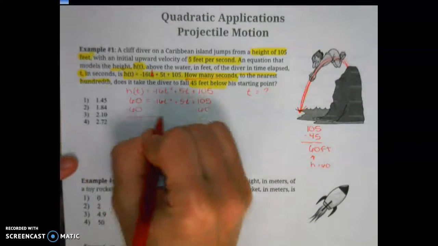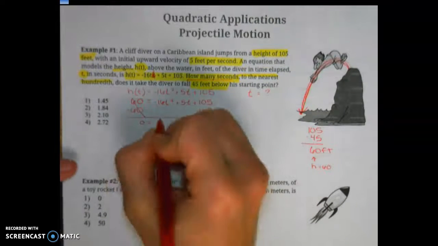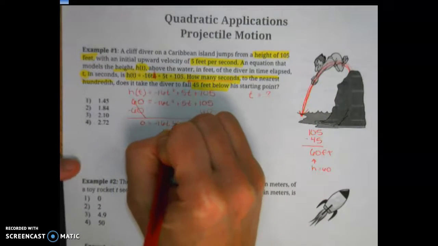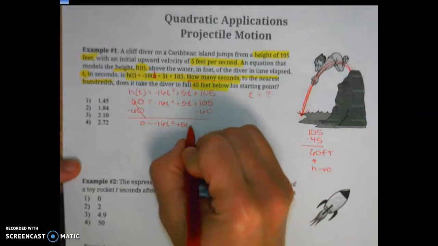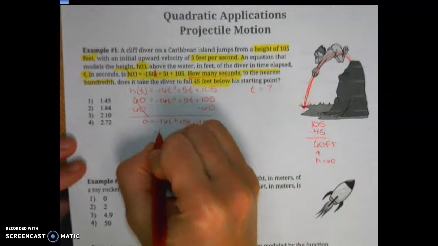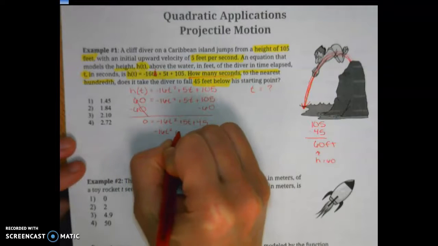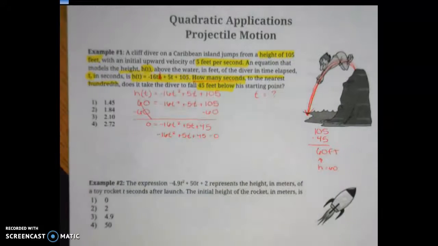So I'm going to subtract 60 from both sides, and that way this is equal to 0, and I have negative 16t squared plus 5t plus 45. Okay, so again, you're used to seeing it the other way, where it's negative 16t squared plus 5t plus 45 equals 0. So I'm just going to put the 0 on the other side.